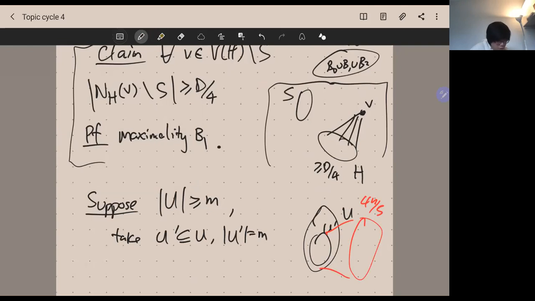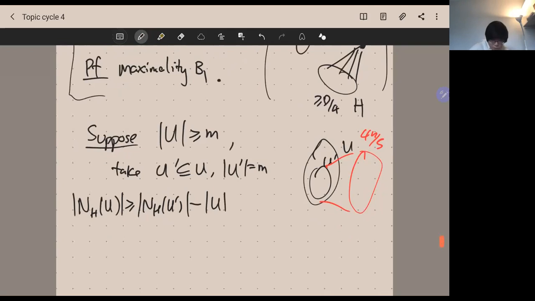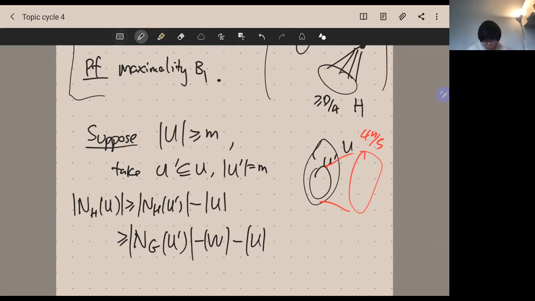Then formally, let me write it down. The external neighborhood of U is at least the external neighborhood of U prime minus U, right? Which is at least, we look at the external neighborhood of U prime in G minus W, because we remove W to get H, minus U. Then given the hypothesis, the first term is 4n over 5.